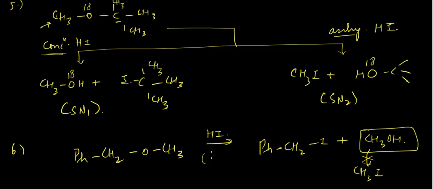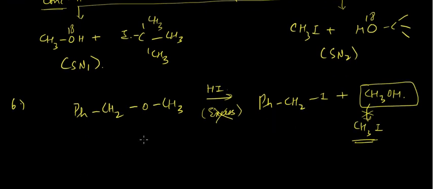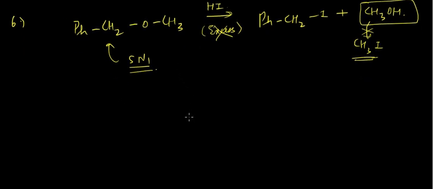Had excess been mentioned here, then this would be the side product. Okay, and this obviously takes place via SN1 mechanism. Why? Because the carbocation is stable because of the plus M effect of the phenyl group on the attached CH2 plus. Okay, so next you have to write the mechanism of the following.